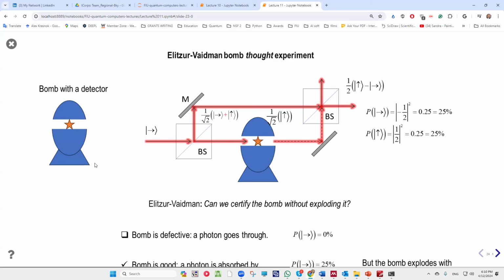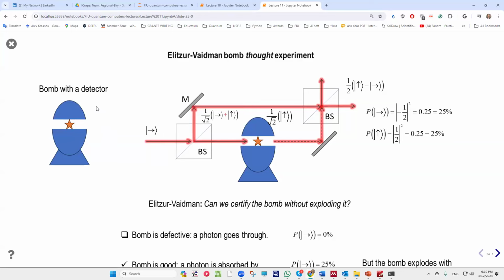I say that the bomb is defective if I have no detector there. So if a photon can pass through the bomb like this without being detected by the probe, this detector is indicated by the star here, then the bomb is defective. However, if the detector is there and the photon can be absorbed, then I say that the bomb is good.